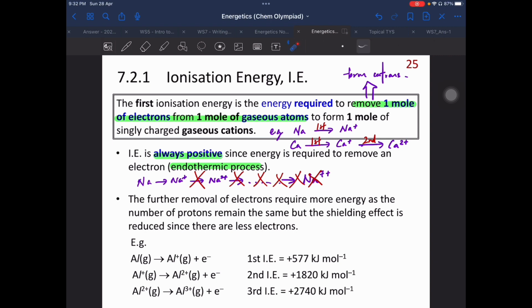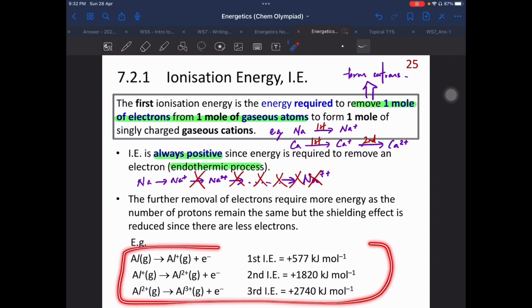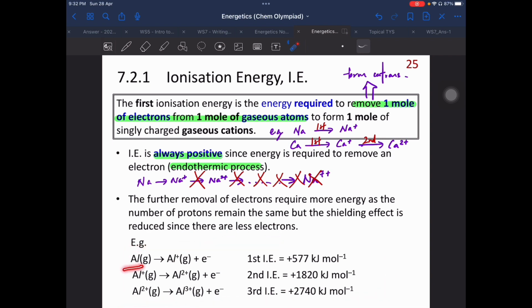So you look at these notes, and at the bottom it shows you that from Al, I can form Al+ first, then I form Al2+, then I form Al3+, and you can see the amount of energy is increasing as you go down, as you try to remove more and more electrons. Why is this increasing?